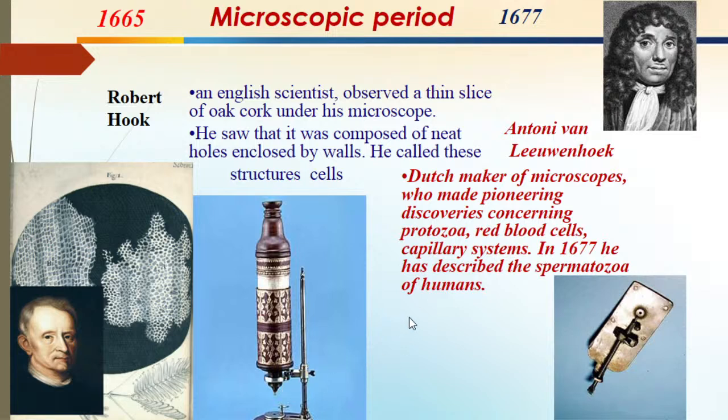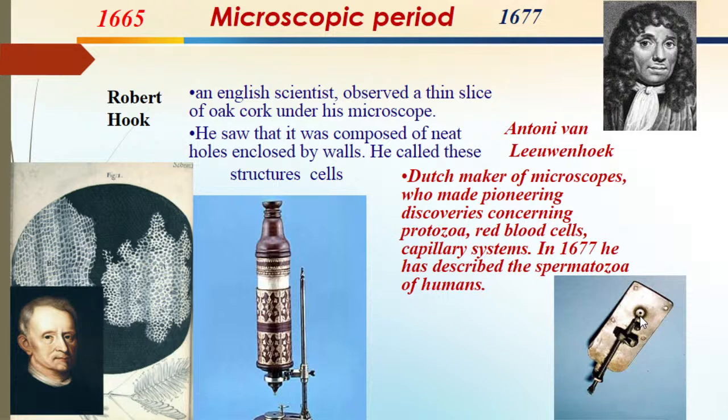And of course we have seen another famous person. This is Antonie van Leeuwenhoek. In 1677, Leeuwenhoek, a Dutch maker of microscopes, made pioneering discoveries. His microscope was very simple because it contained only one metallic plate and one lens.